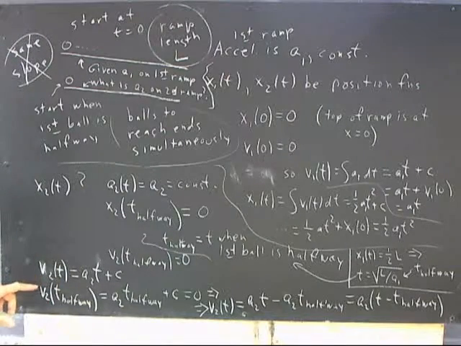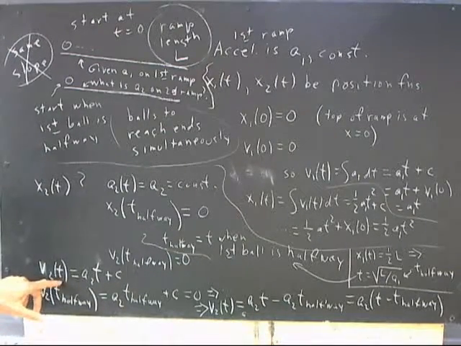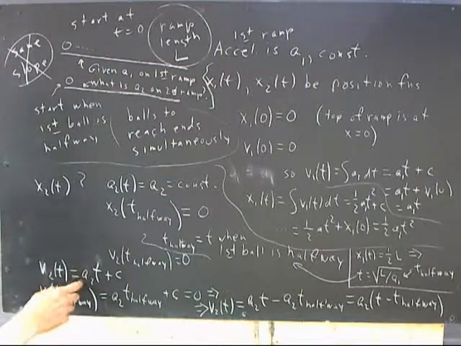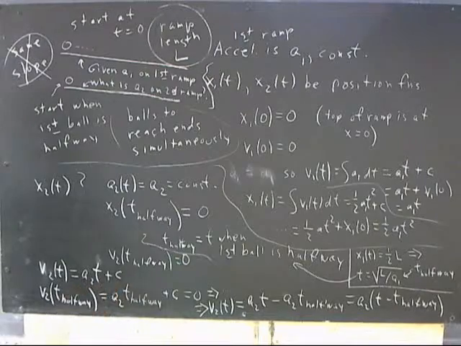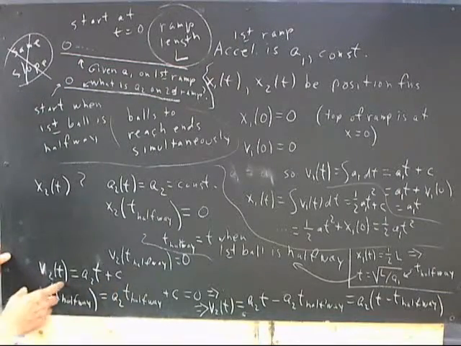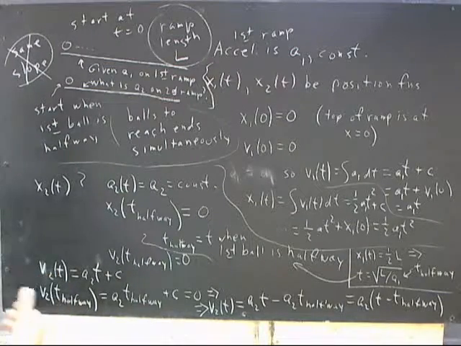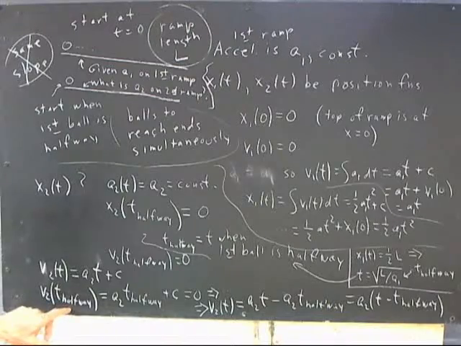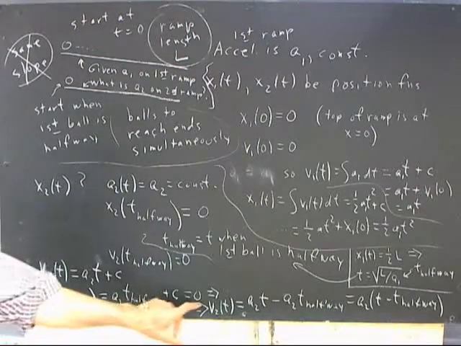In any case then, v2 of t, by integrating, following the same procedure we had, is going to be a2 t plus c. Now, we don't have v2 of 0 equals 0. We have v2 of t halfway equals 0.